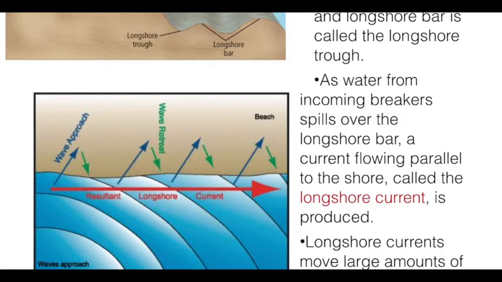The resultant is a current in the direction parallel to the shoreline, in the same direction as the waves. So if the waves are coming in from the left to the right, the longshore current that develops is caused by the reflection of these angled waves coming back and moving with the shoreline.